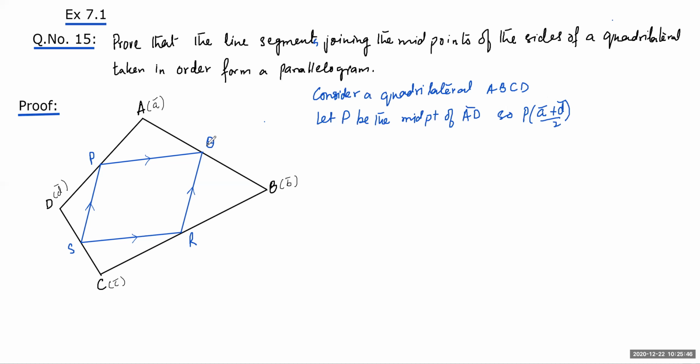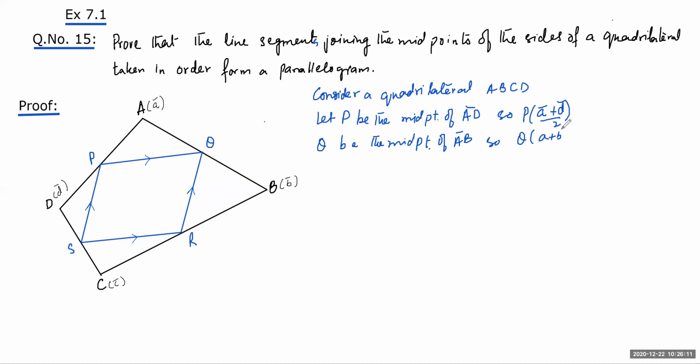Now Q is the midpoint of AB. So point Q has position vector a plus b divided by 2.